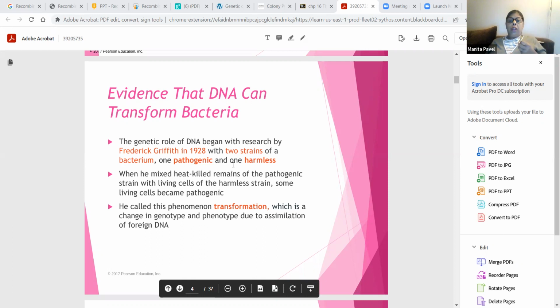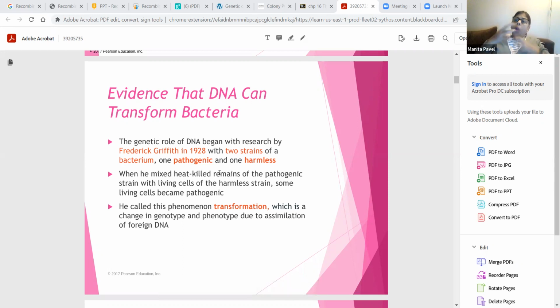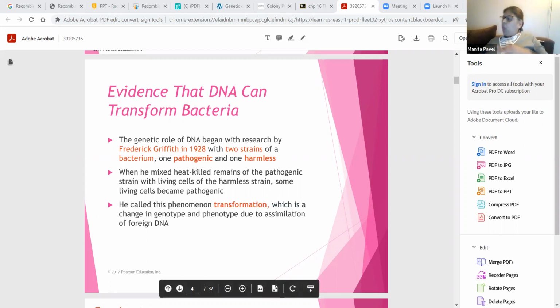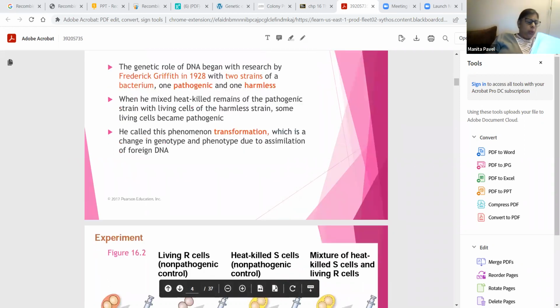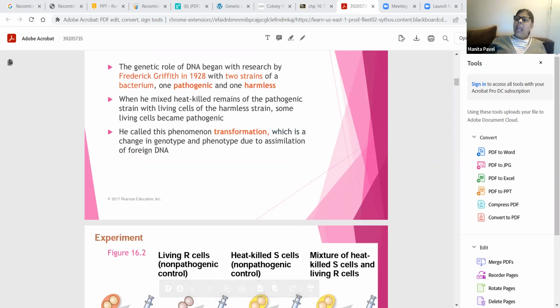What is DNA transformation? In transformation, we've seen that there is a change in both the phenotype, the physical traits, as well as the genotype on account of the foreign DNA that is assimilated. And so when I talk about DNA transformation here, I want to explain to you, we saw in the previous lab how we used restriction enzymes to cut the DNA.